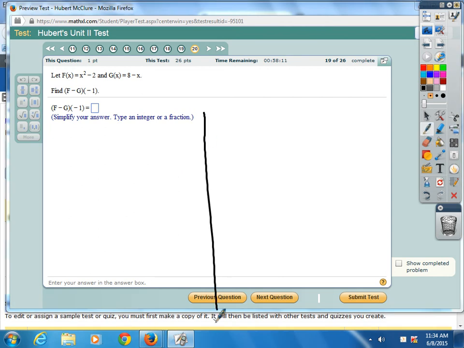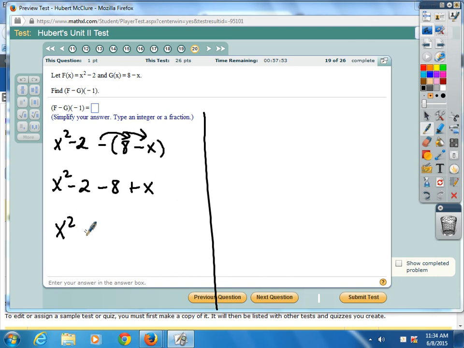So one way to do it is to say x squared minus 2 minus 8 minus x, and distribute: x squared minus 2 minus 8 plus x. And what's negative 2 minus 8? Negative 10. And then plug in what?